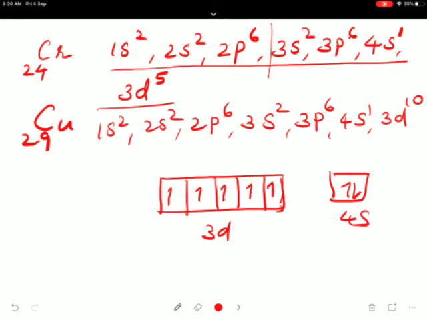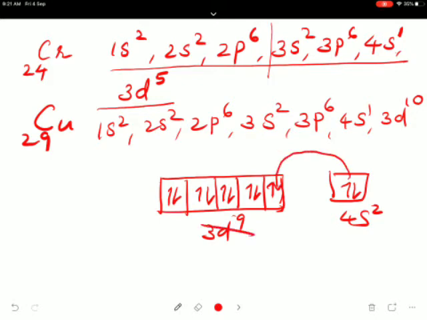According to Hund's rule, pairing does not take place until the orbitals of the same subshell are singly occupied. Now the pairing starts. This is the expected one, but actually one electron is taken to 3d.